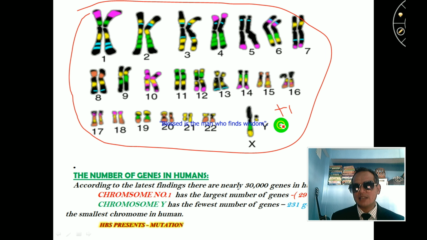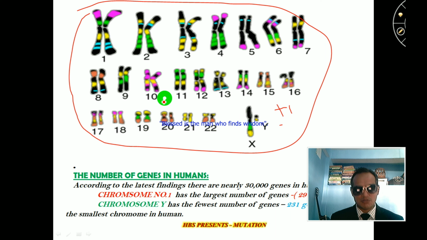If there are fewer than 46, that can also cause mutation. So in both cases, or sometimes the number of chromosomes remains the same, but the genes present within these chromosomes may be altered or may change, which also causes mutation.